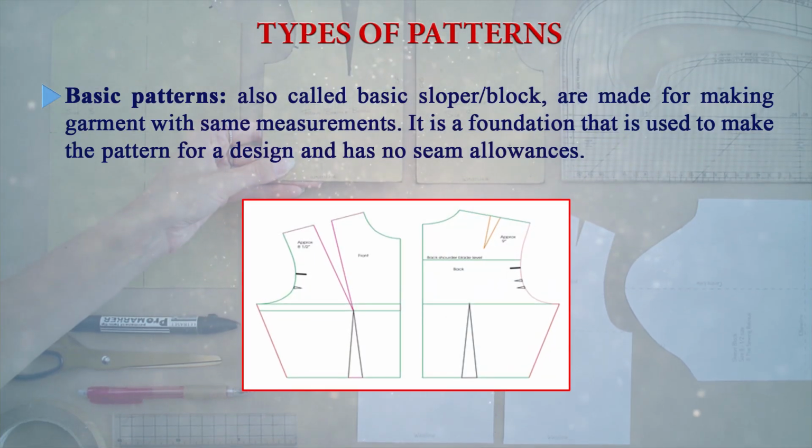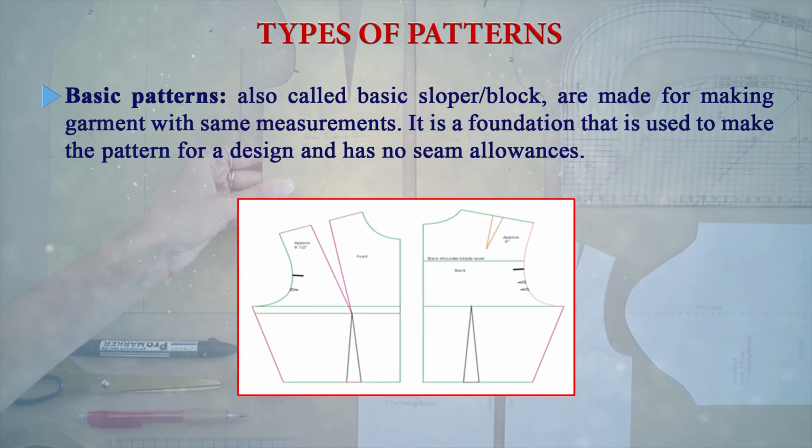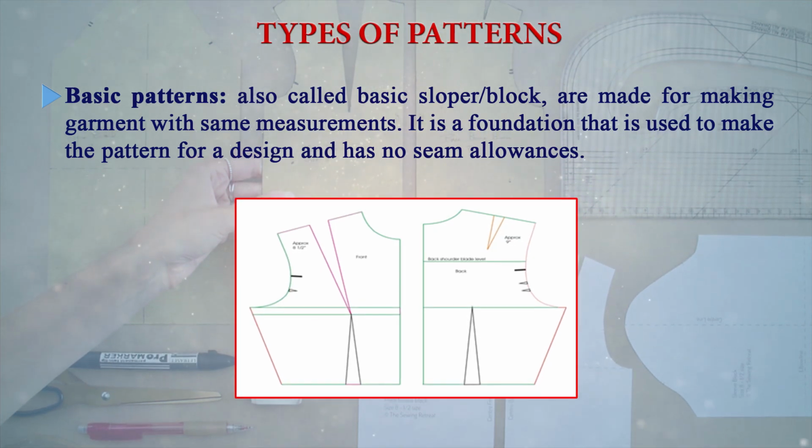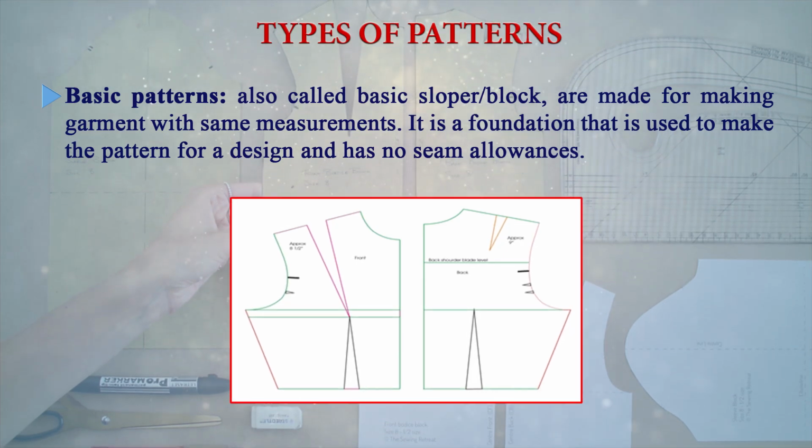In the unit we also discussed that the basic sloper or block is the fundamental layout of the pattern when we go for garment construction, and it is purely made out of the standard body measurement or the exact measurement we have taken from the body. So we can say it is the foundation that is used to make the pattern for a design and has no seam allowance.